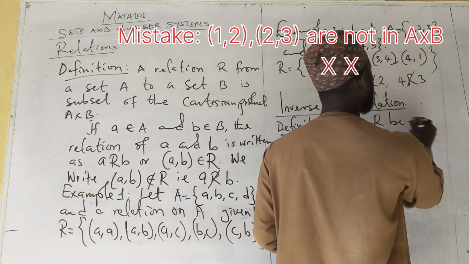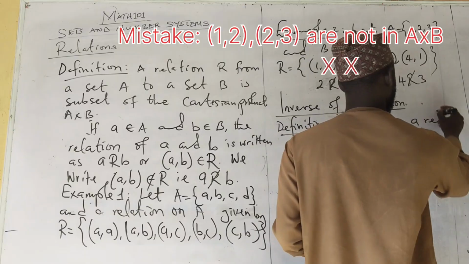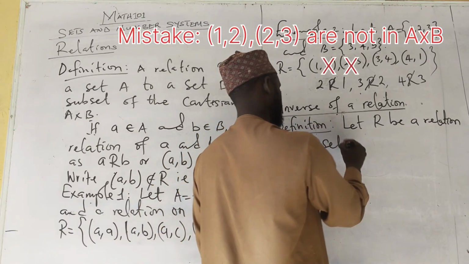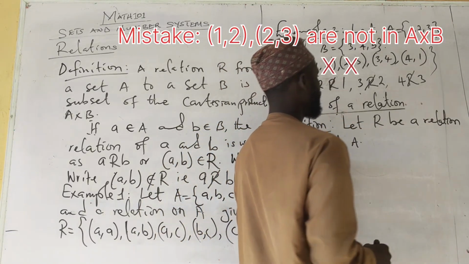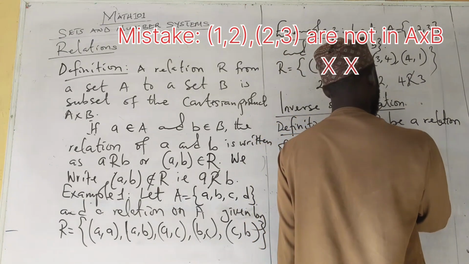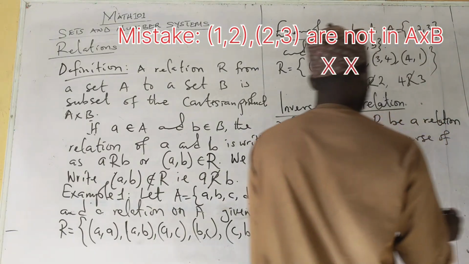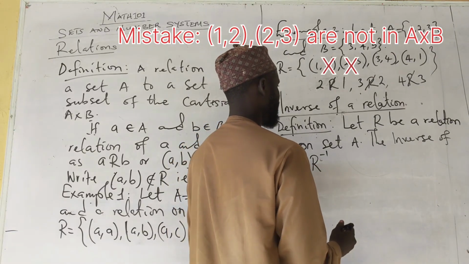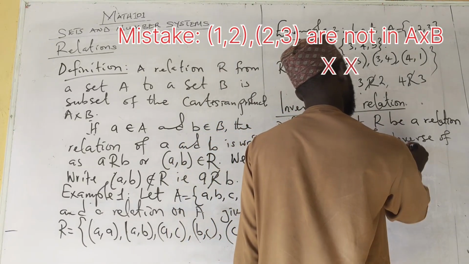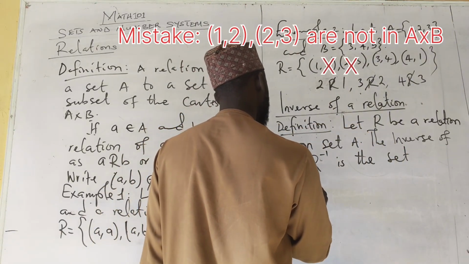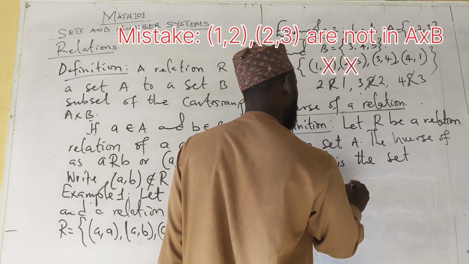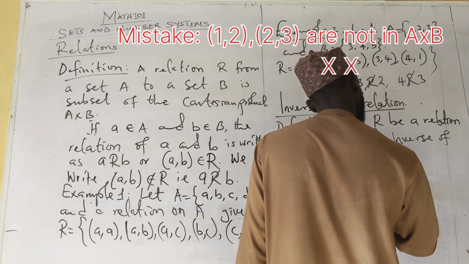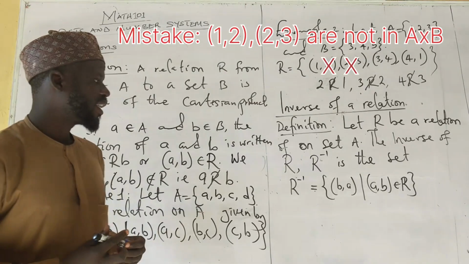Let R be a relation on any set, say A. The inverse of R, written as R inverse, is the set R inverse equal to (B, A) such that (A, B) is in R. So that is the inverse of a relation.